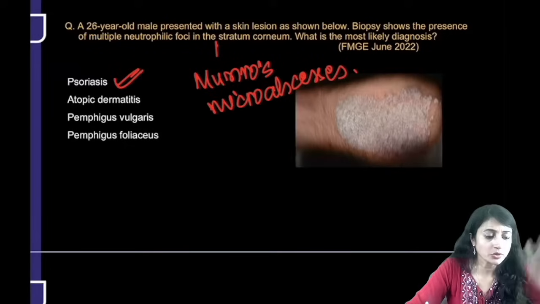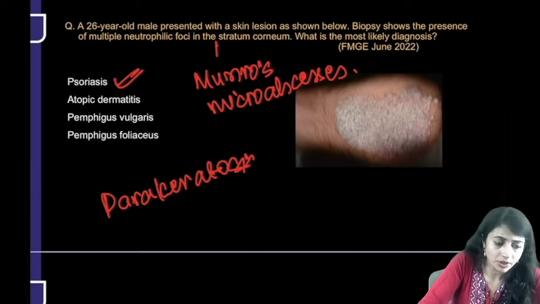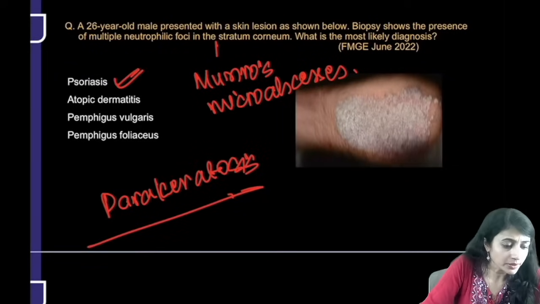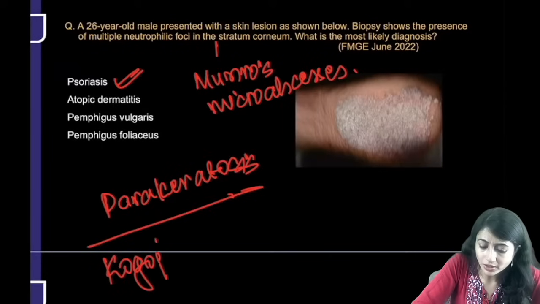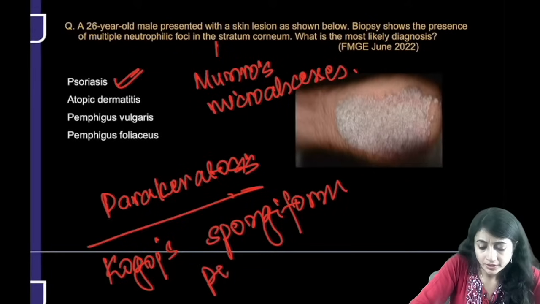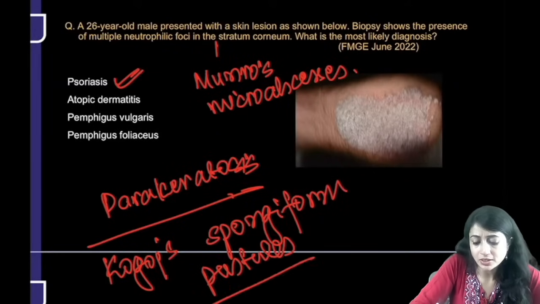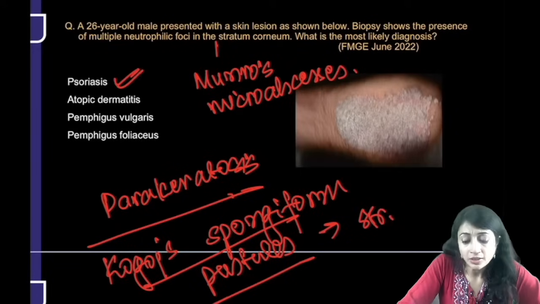Absolutely right. It is parakeratosis, or retention of nuclei in the stratum corneum. And you're also right: Kogoj spongiform pustules. This is also a collection of neutrophils, but it is seen in the stratum malpighii. So Munro's microabscesses are in the stratum corneum and Kogoj spongiform pustules are in the stratum malpighii.